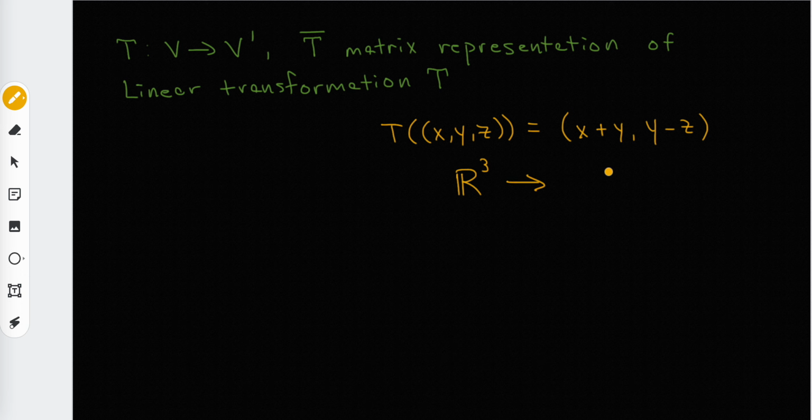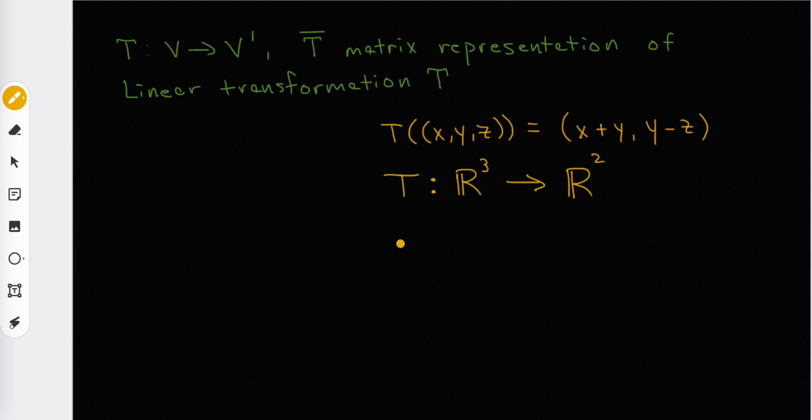And I'm sending it to a vector that only has two components, so the answer is going to be in the vector space R2. So this linear transformation T is taking vectors in R3 and sending them to vectors in R2. So let's see if we can find the matrix representation of this transformation.